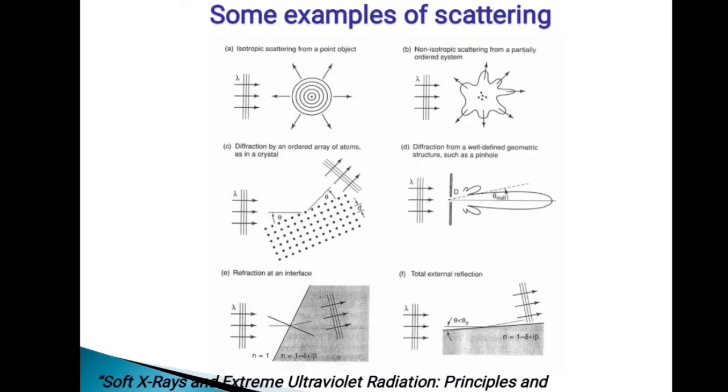In total external reflection, the refraction happens only externally, just like crystal-like particles at some angle, but the angle is just smaller.